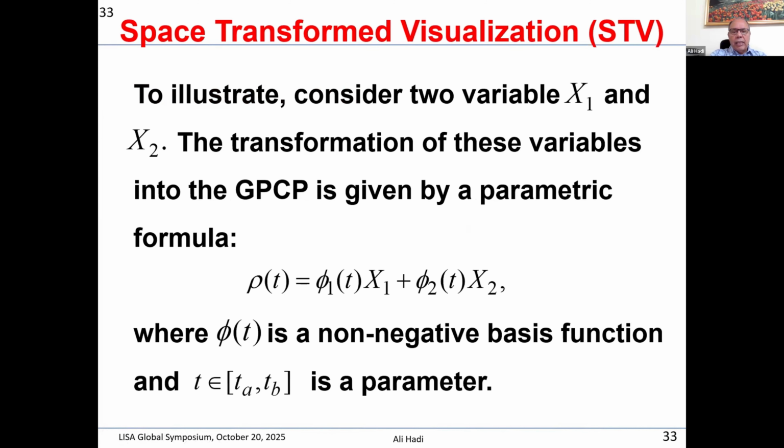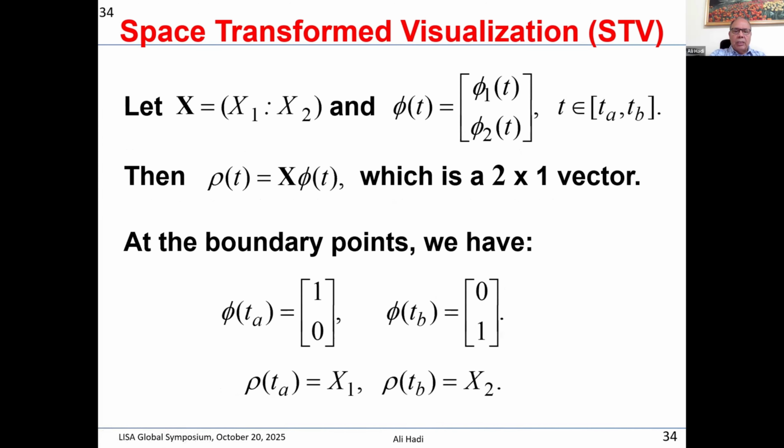This is the way we are going to plot the data. So we have a smooth function rho of t for some value in an interval from ta to tb, and we take a linear function of the two variables, x1 and x2, with phi1 of t and phi2 of t, and we vary t from ta to tb.